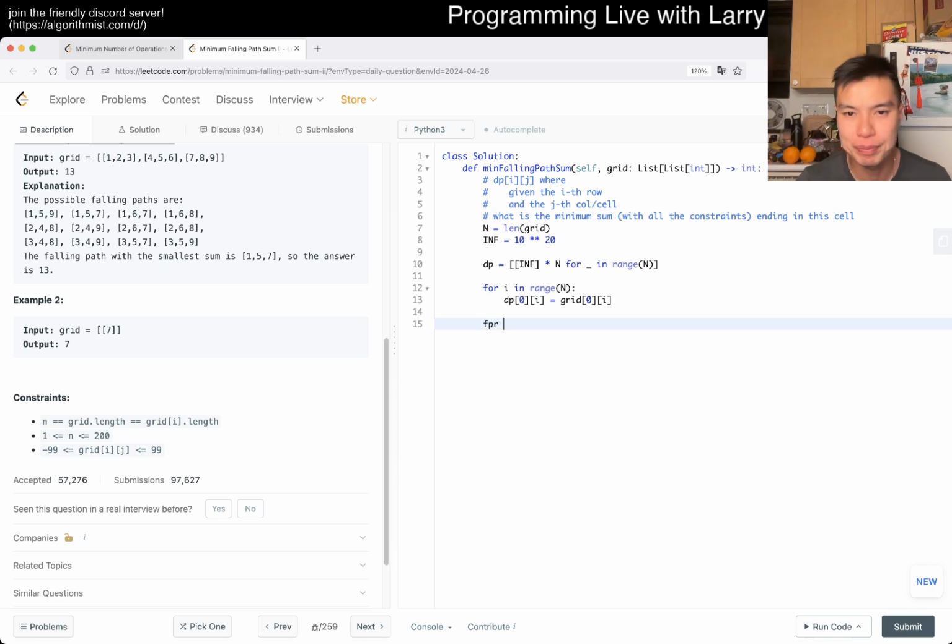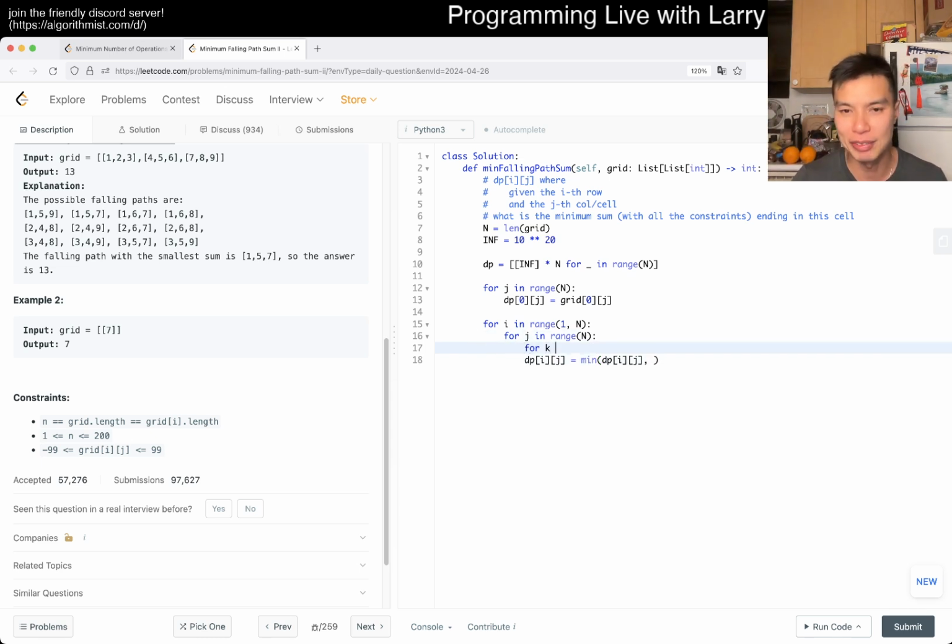And then now, though maybe for consistency's sake, just for reading, I'll keep it as a j because j is the column just by my current notation. And then now for each cell, dp sub ij is equal to min of dp over all the previous columns that is in the same column, right?